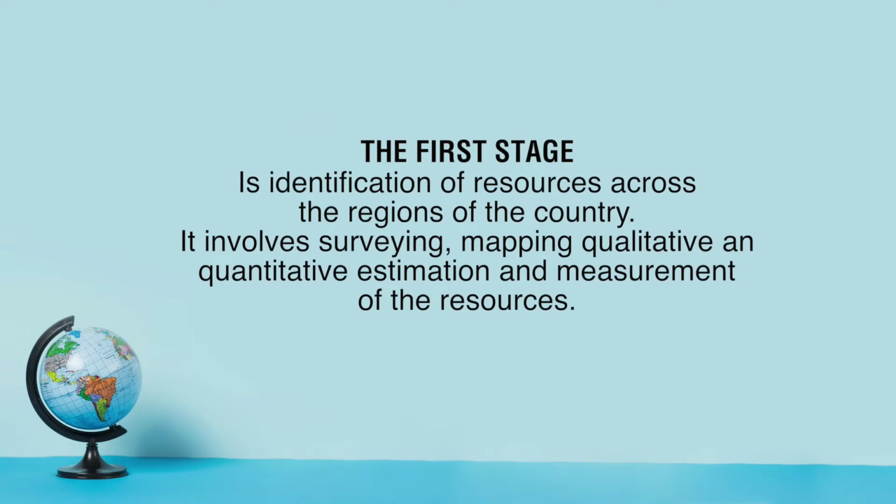The first stage is identification of resources in the regions of the country. It involves surveying, mapping them, both qualitatively and quantitatively. Estimation and measurement of the resources is essential element of the first stage.